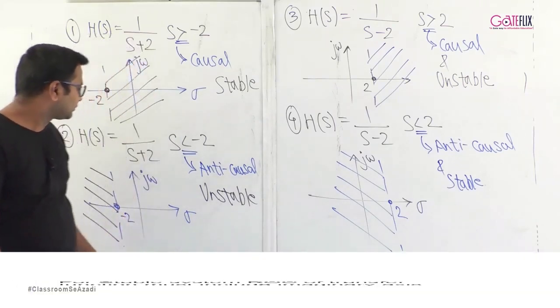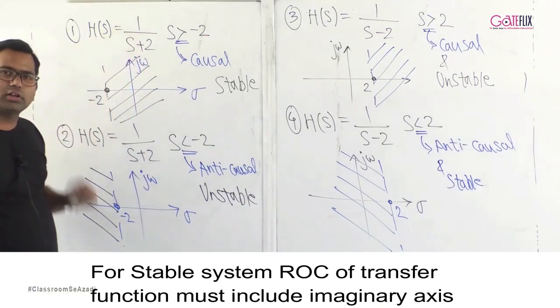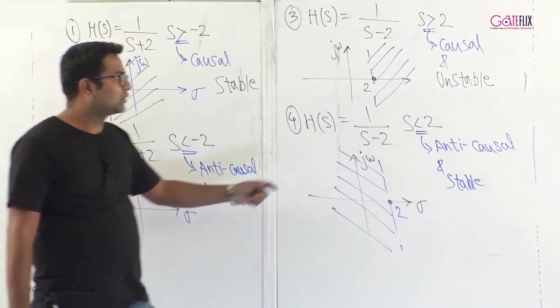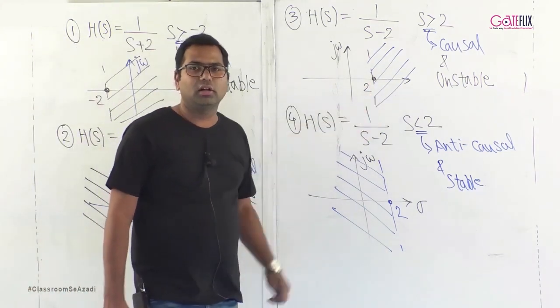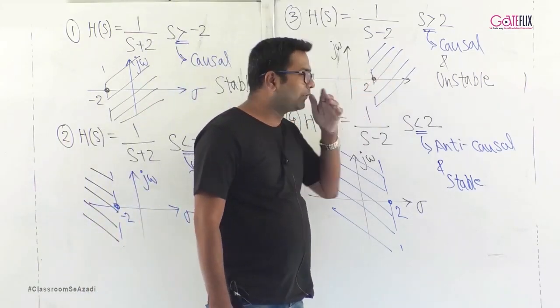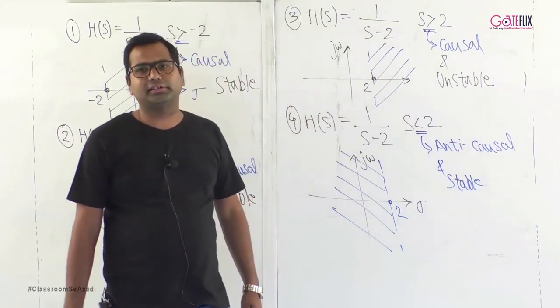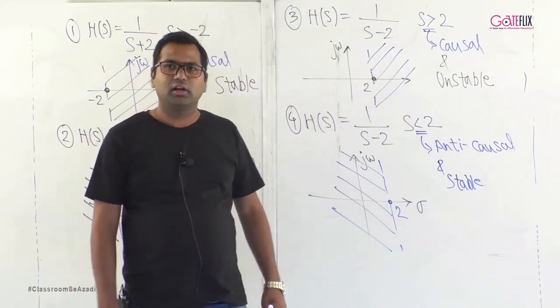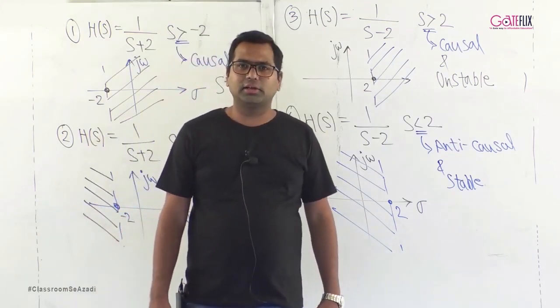For stable system, the ROC of transfer function should include j omega axis. Whereas a system is unstable if ROC of transfer function h of s does not include j omega axis. I hope you have understood the 4 examples and how to identify causal and stable system.